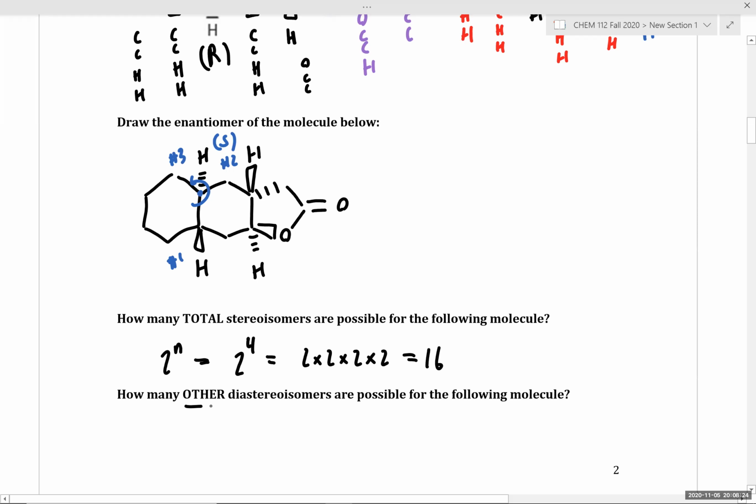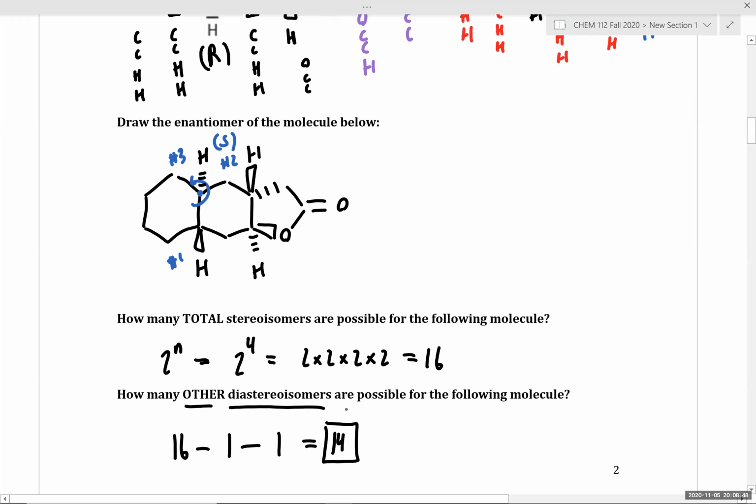Now, how many diastereoisomers are possible? To answer that question, we take our total of 16, we subtract our original molecule, and then we subtract our enantiomer, and that gives us 14 other diastereomers.